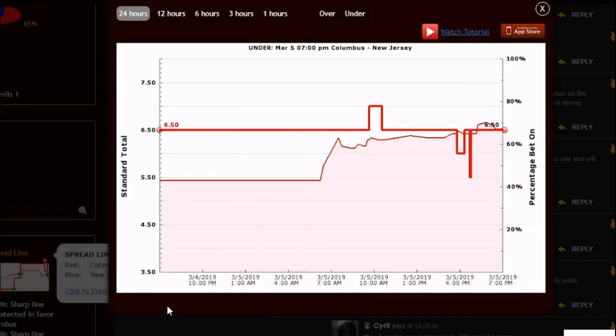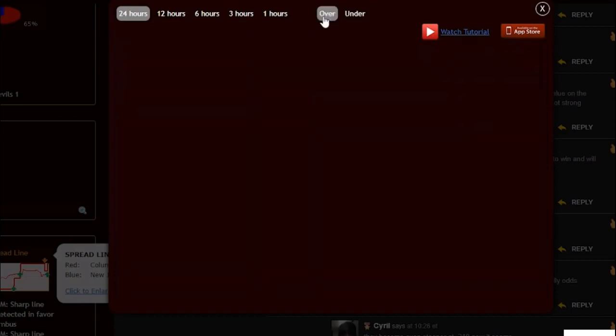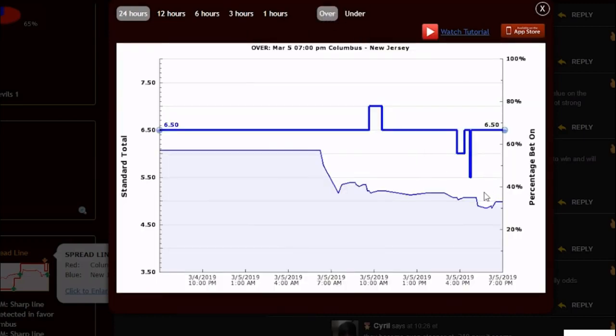And if we look at the totals, you can see the line was at 6.5 and around 70% betting on the under. I would say there is no clear indication if this game is going over or under. But the fact that just 30% of people are on the over and the line did not move usually means that the bookie is expecting a high-scoring game.